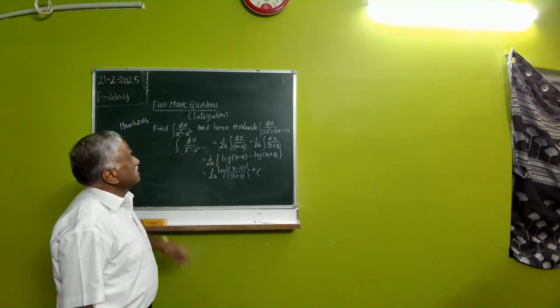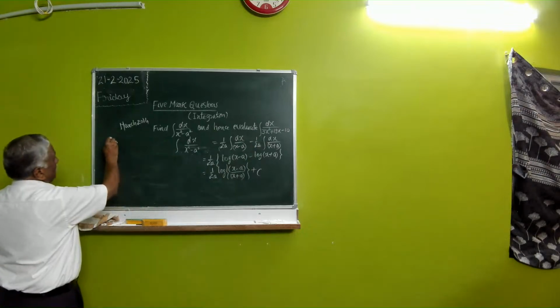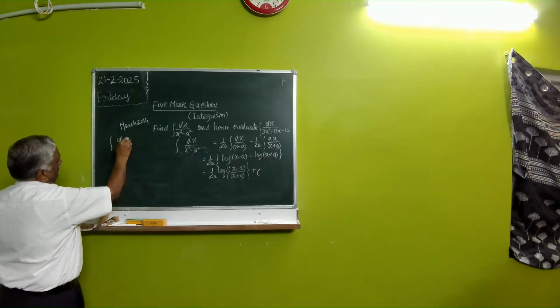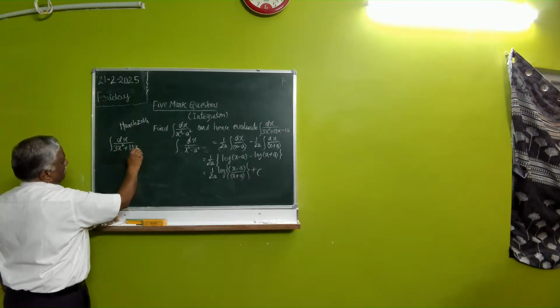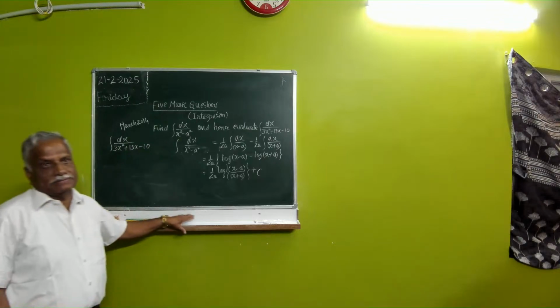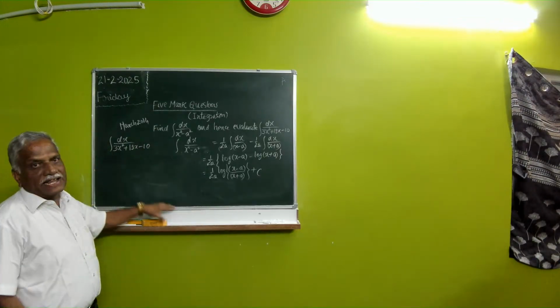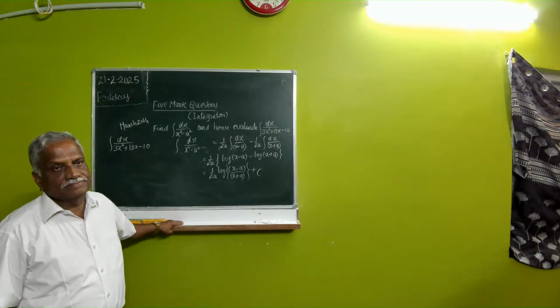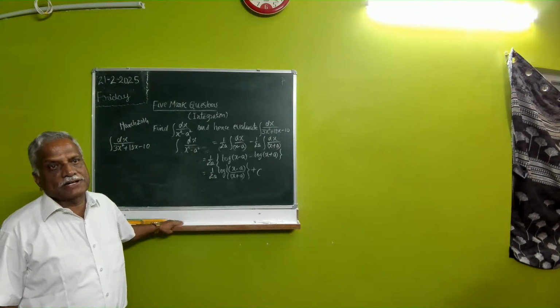Now using this, we have to evaluate the given problem: integral dx over 3x square plus 13x minus 10. See, 3 is not a perfect square, so you have two options. One is either take 3 common or make the x square coefficient a perfect square.